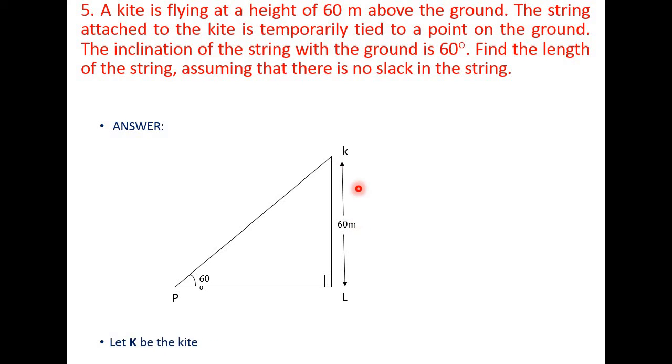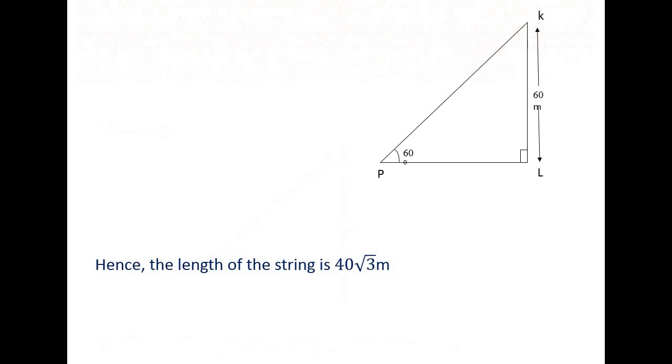Let K be the kite and KP the string. The point P shows where the string is tied on the ground. Here angle theta is equal to 60 degrees. We have to find the length of KP.